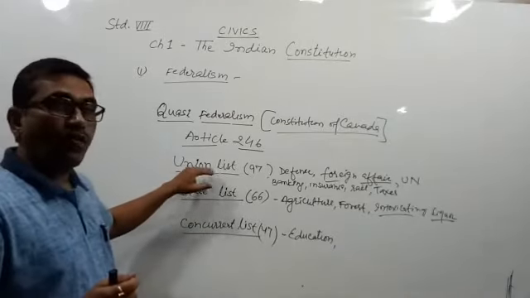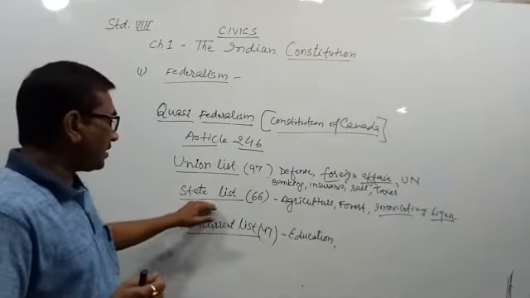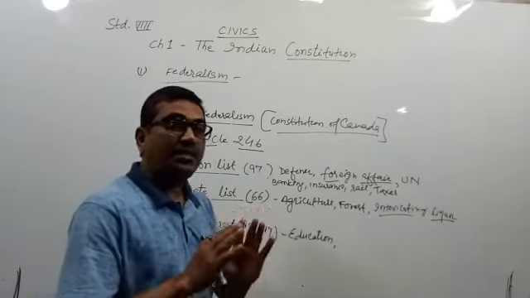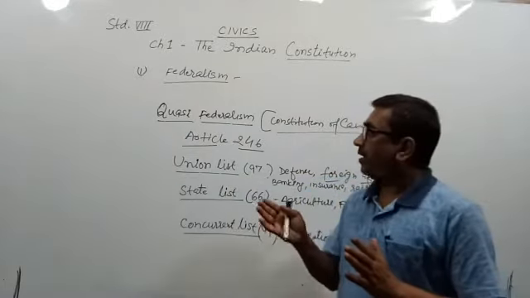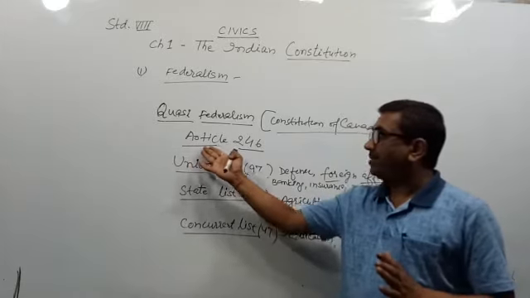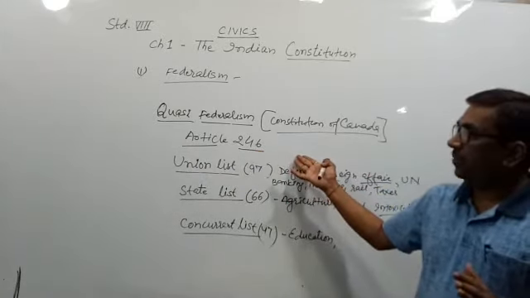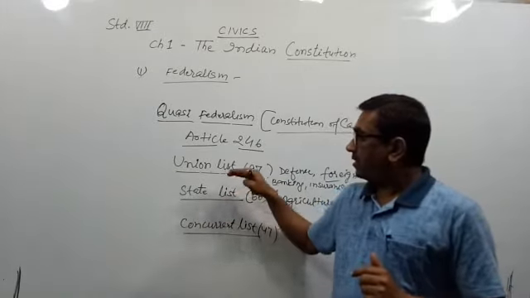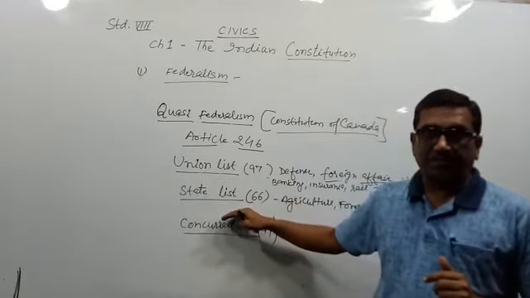It is a part of either the Union List, or the State List, or the Concurrent List, where this has been divided. You can say that it has been mentioned in Article 246 of the Indian Constitution that the power has been divided among the central government and the state government.